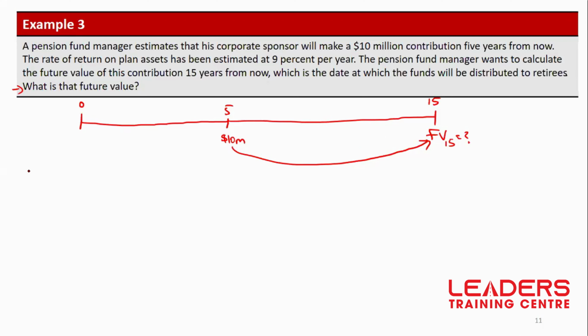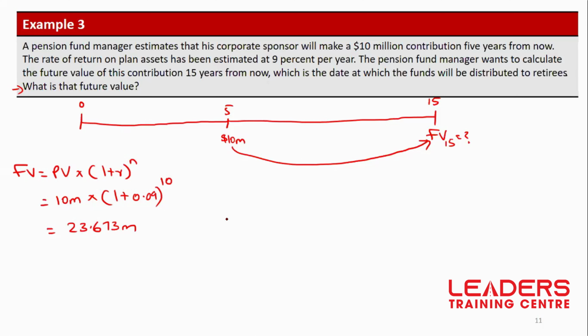So future value, if we're doing it using the formula, would be present value of 10 million, this is what we are investing here, times (1 plus 0.09) to the power of n, which is 10, because you're investing for 10 periods. And the answer is 23.673 million.